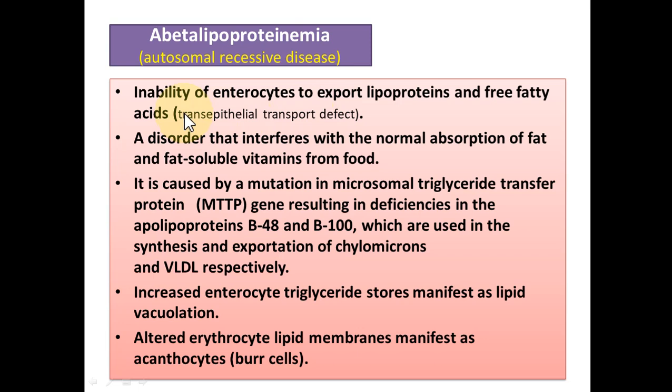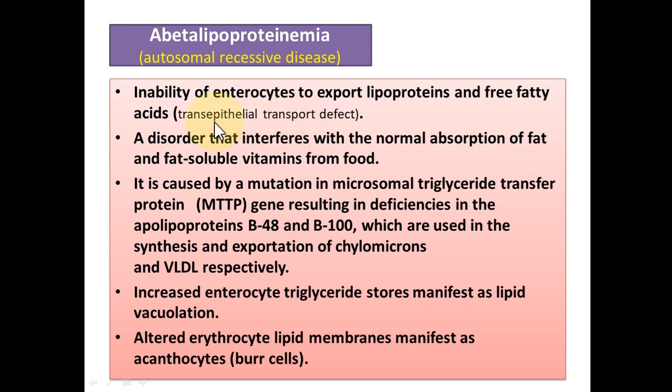I said in my last lecture on malabsorptive diarrhea that in malabsorption the defect may lie in the luminal digestion of the nutrients, in the terminal hydrolysis or terminal digestion of the nutrients, or in the transport of nutrients across the cells.